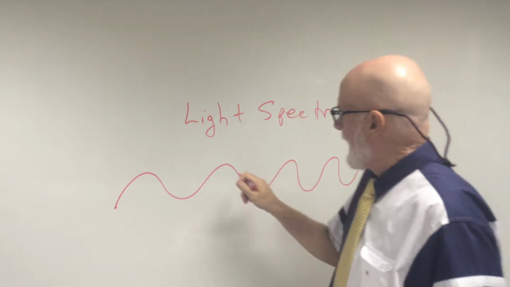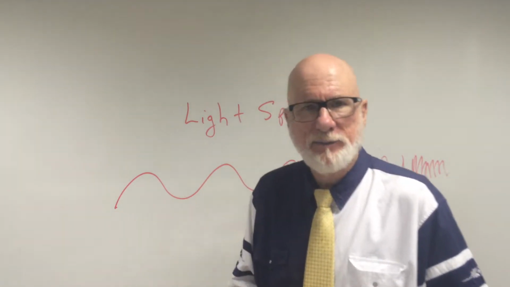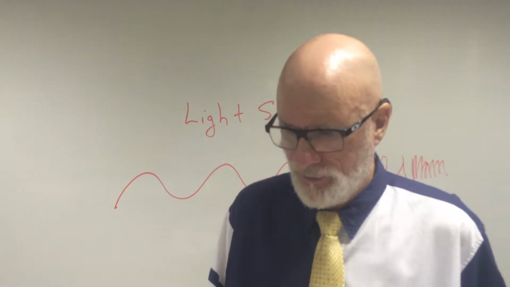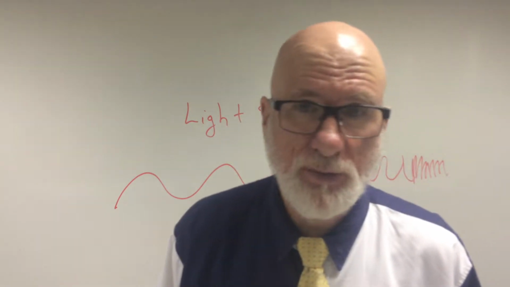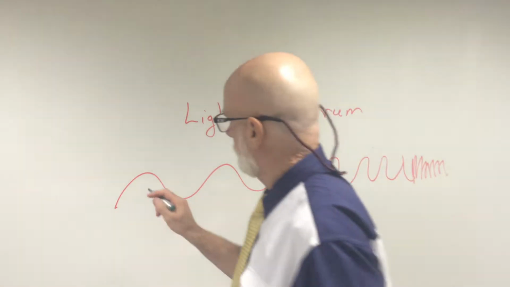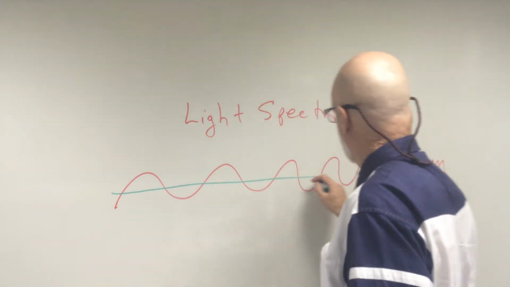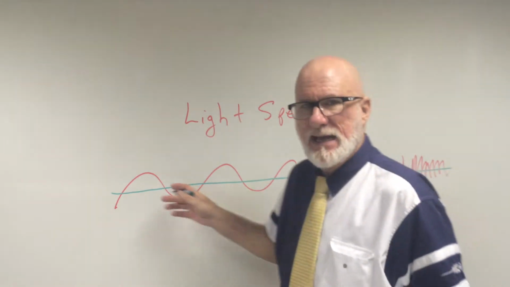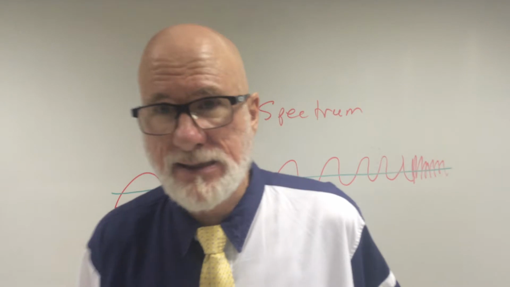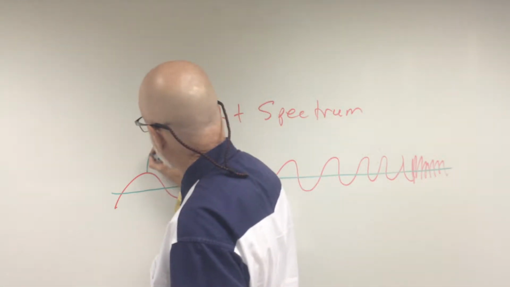Okay. Light has structure. It's a wave. It can also be viewed as a particle, but we're going to look at it today as a wave. Let's say that's the x-axis. It has crests. This is a crest.